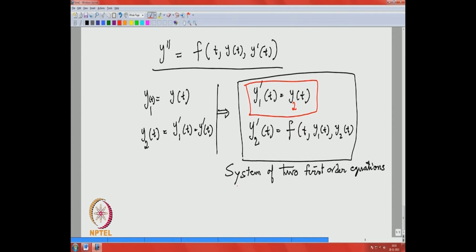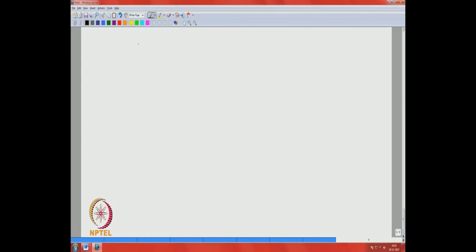So, if you want to have a nice problem, you need an initial condition for y1 at t naught, and you need an initial condition for y2 also. So, an initial value problem for a second order equation looks like this.